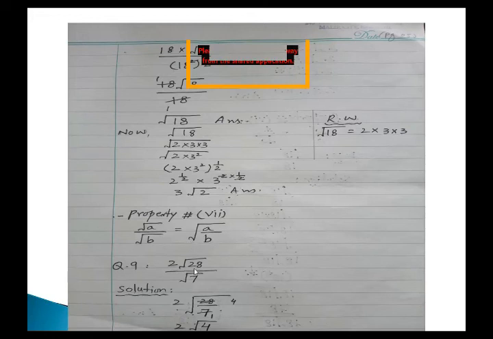Property number 7 was under root a divided by under root b equals under root of a upon b. So if we see question number 9, there is 2 under root 28 divided by under root 7. This property tells us that if there are 2 under roots over a and over b, you have to write these under the same under root. So 2 would come as it is, and 28 divided by 7. 7 ones are 7, 7 fours are 28. So 2 under root 4 would come.